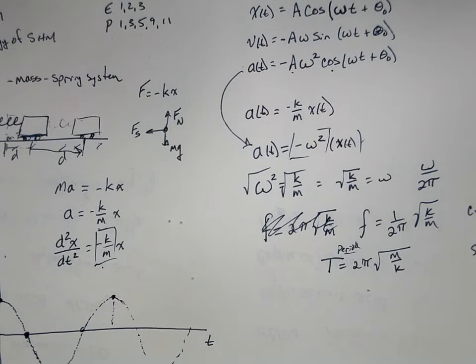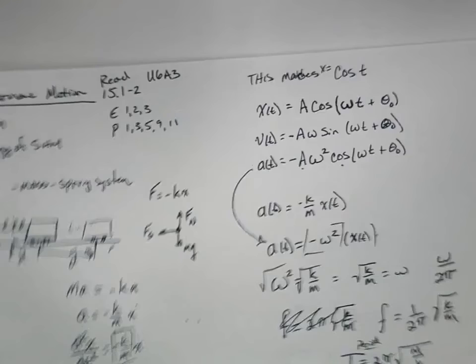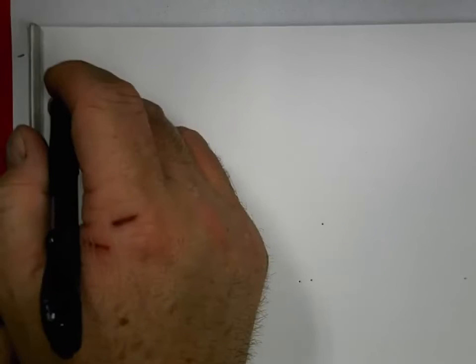We have two forces that cause this. One of them is a spring. The other one is gravity. We will get to gravity in the next lecture. But for now, we want to talk about our energy considerations with simple harmonic motion.